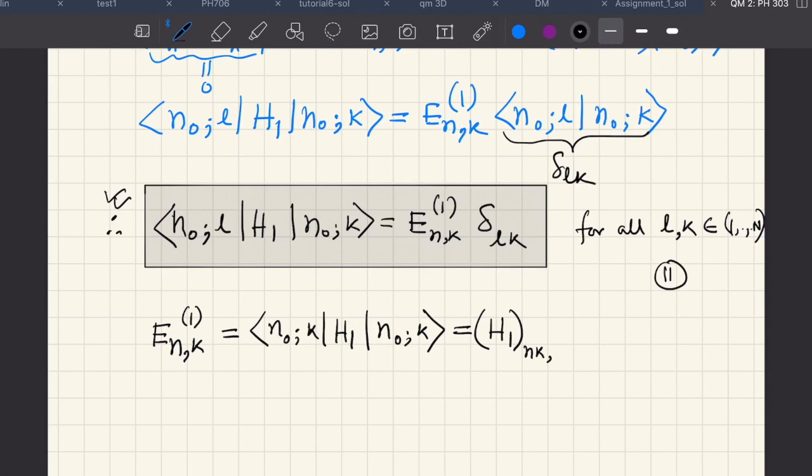We will use this nK notation. So equation number 11 tells me two things.